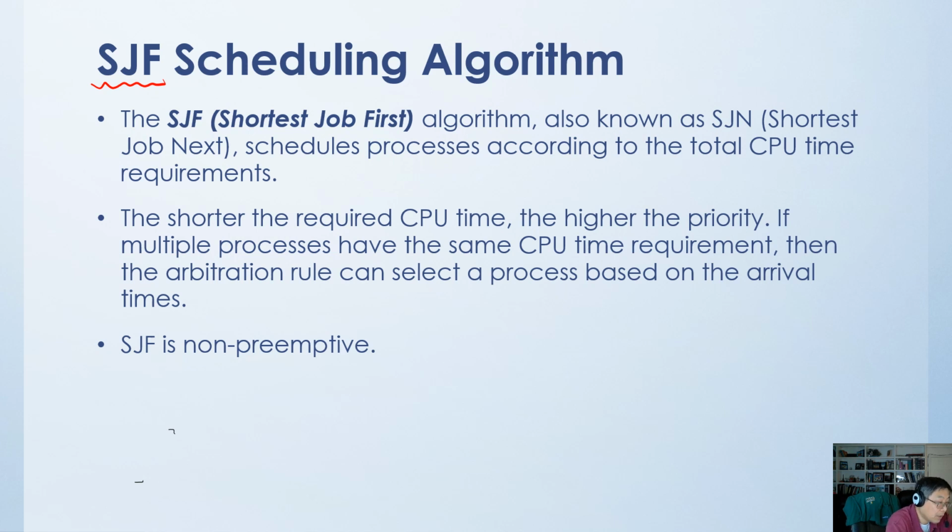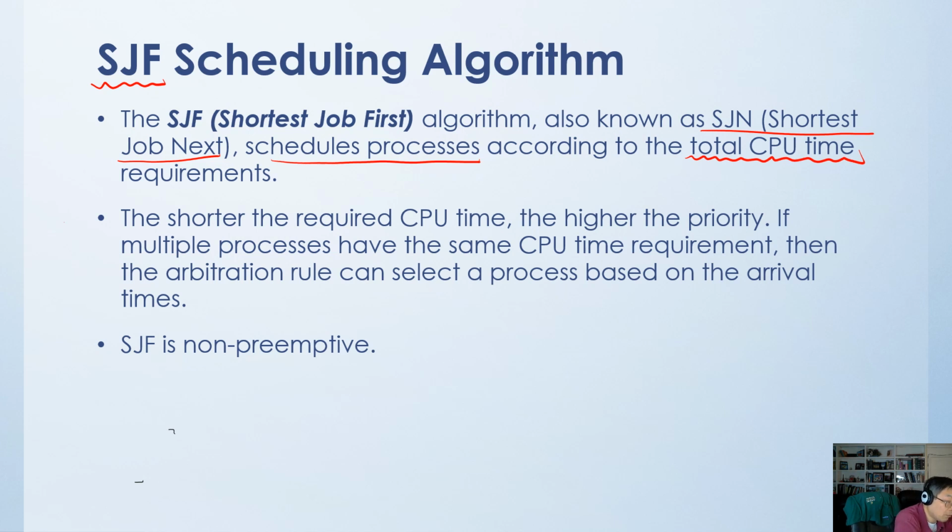The shortest job first algorithm, also known as shortest job next, basically schedules the processes according to the total CPU time requirements. So SJF uses the total CPU time as the criterion to select the next process.